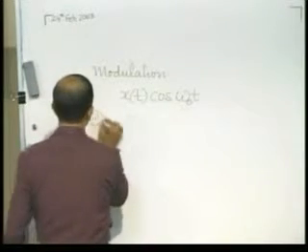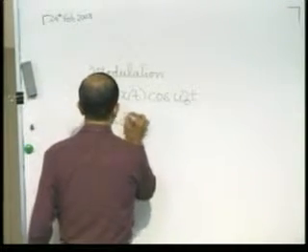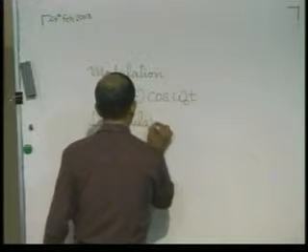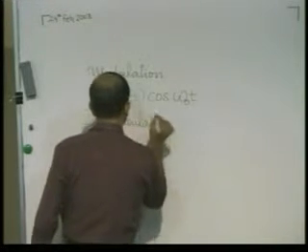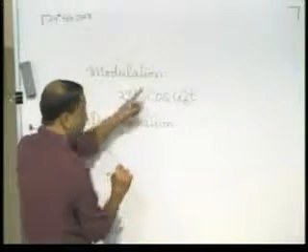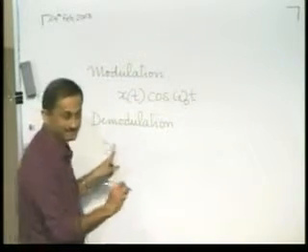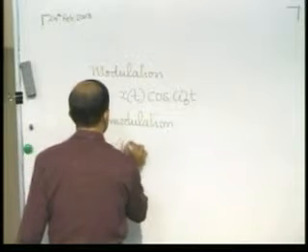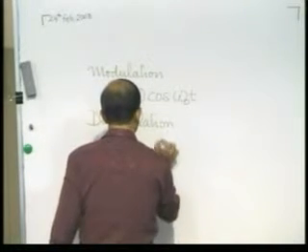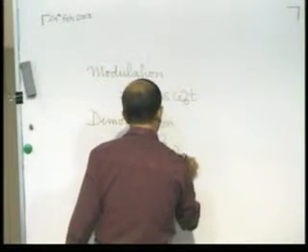Demodulation is also multiplication of the modulated signal by cos omega naught t. So we have cos squared omega naught t.